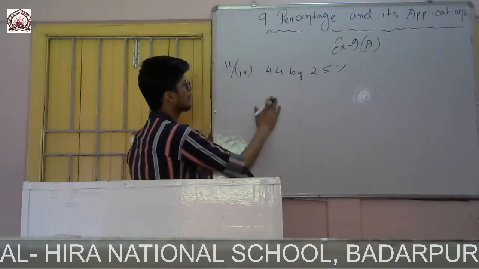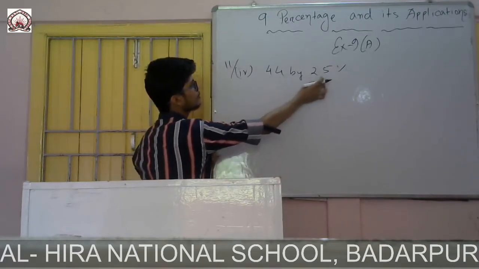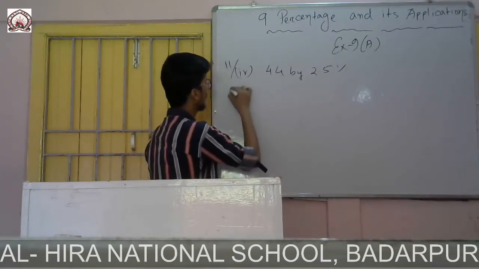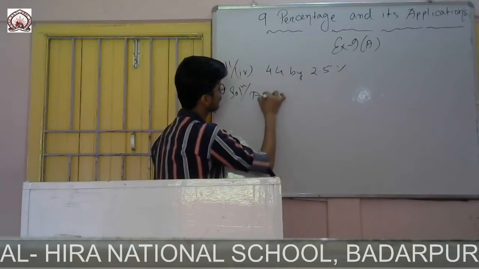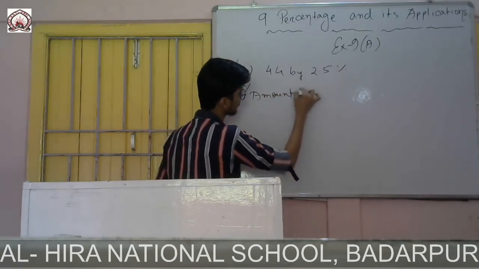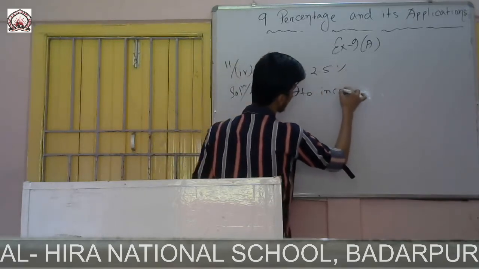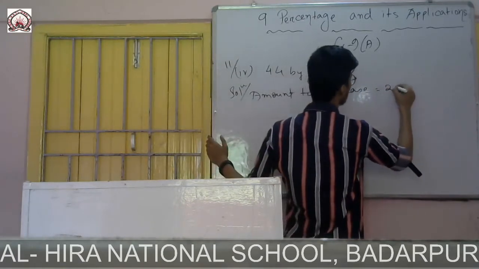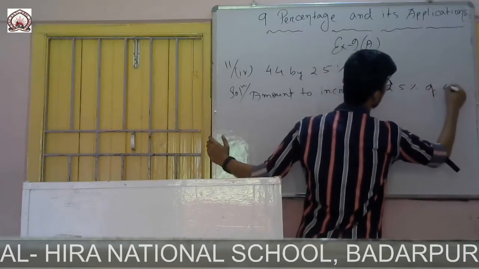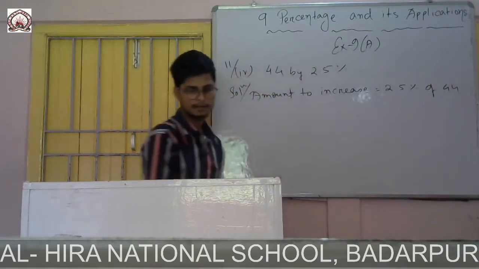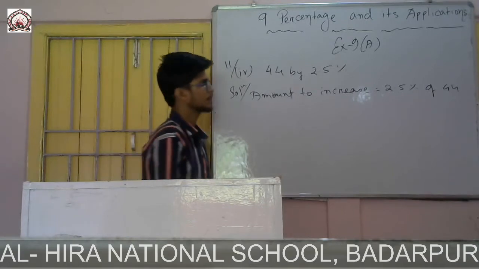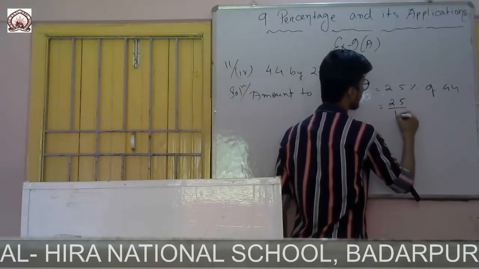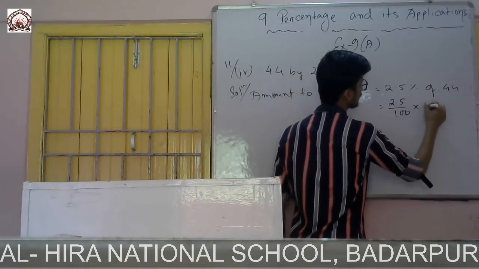Okay, so first of all I will find what is 2.5% of 44. So you write amount to increase. What am I finding? 2.5% of 44. 2.5 means percentage is there, that means 2.5 by 100 into 44.